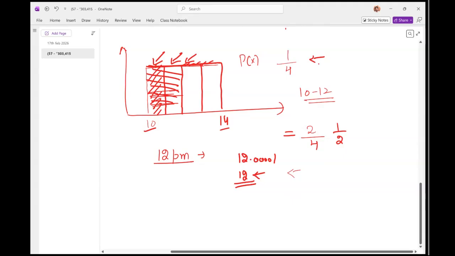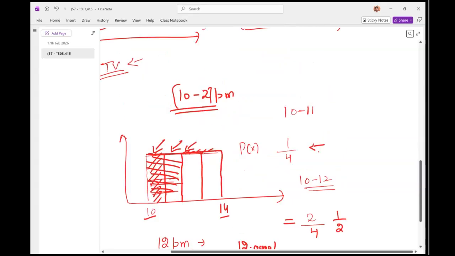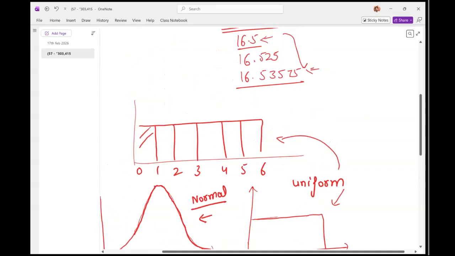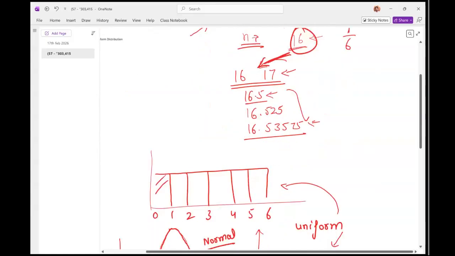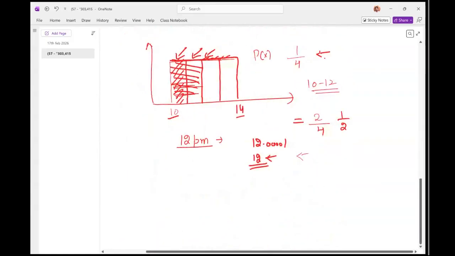So in a discrete probability distribution, if I go back and look into this question, what is the probability of getting an exact number? You said 1 over 6. But if I put it in this question where we are dealing with time, what is the probability of the agent coming to your house exactly at 12? You cannot find that probability.